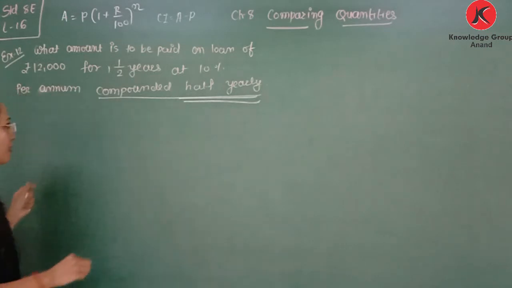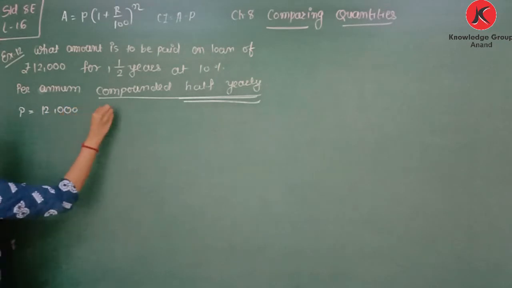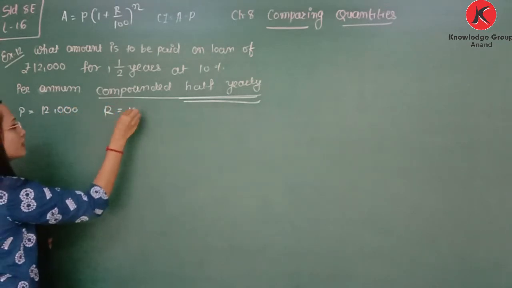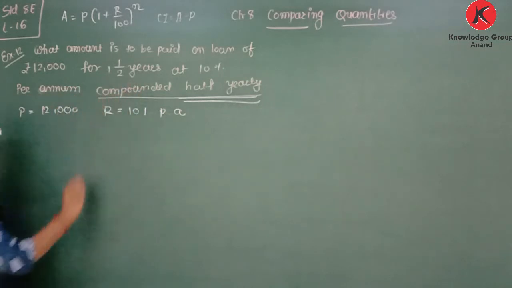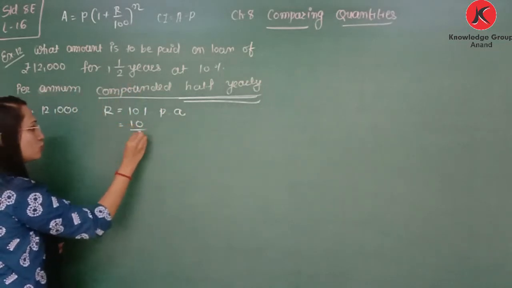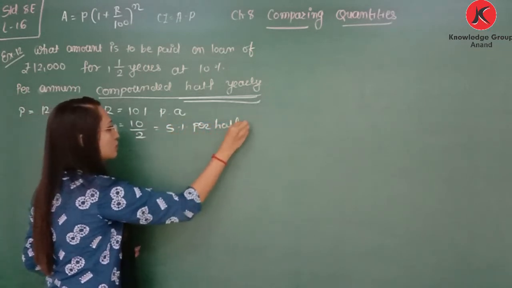So let's write the values. Here P is given as 12,000. Rate of interest is 10% per annum, and you need to find it for half year. So it is 10 by 2, equal to 5% per half year.